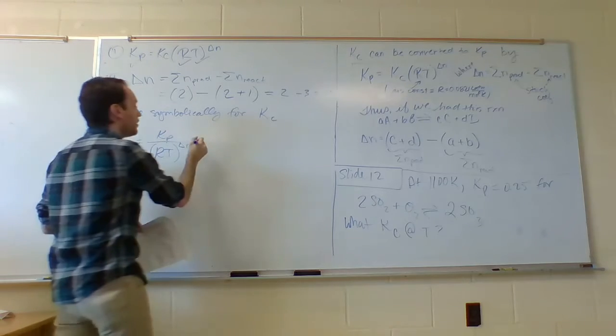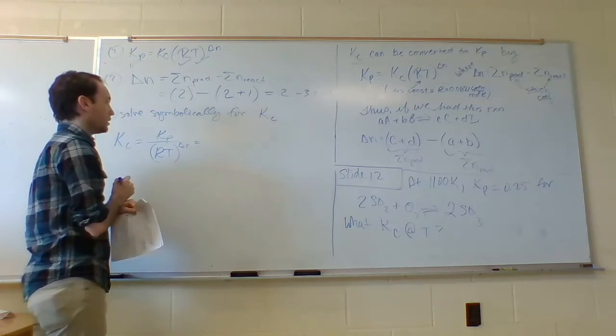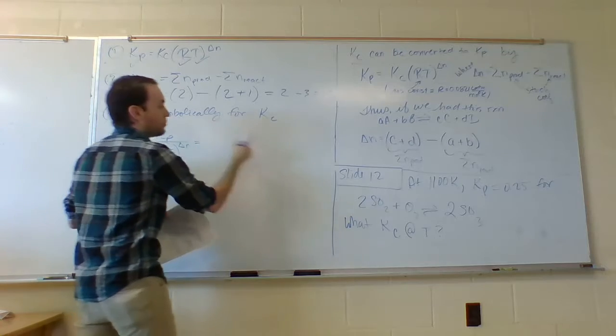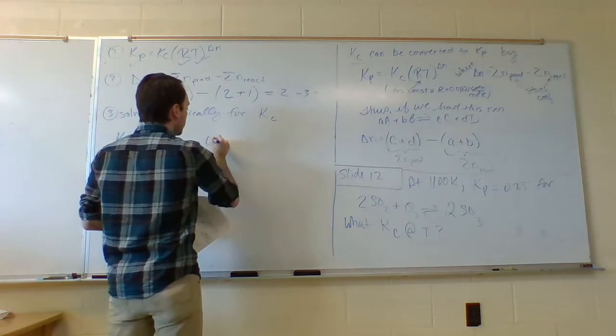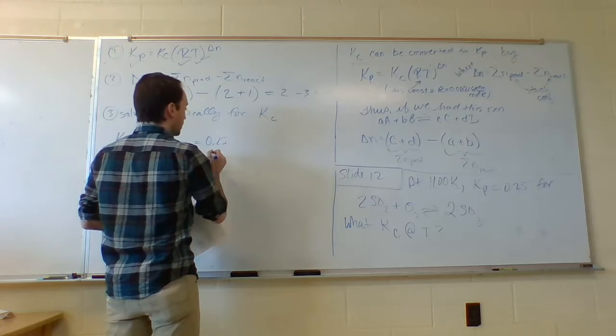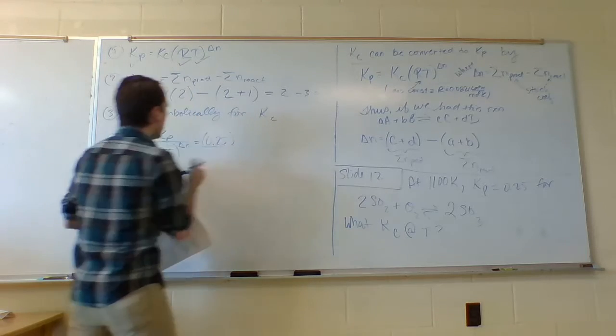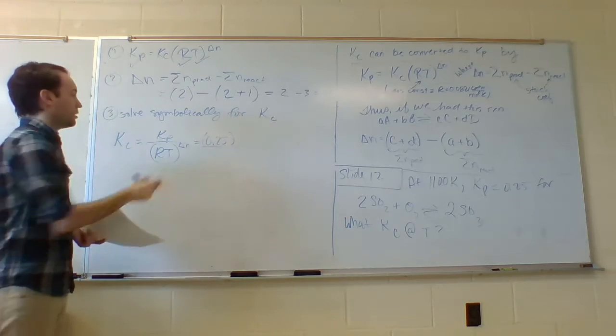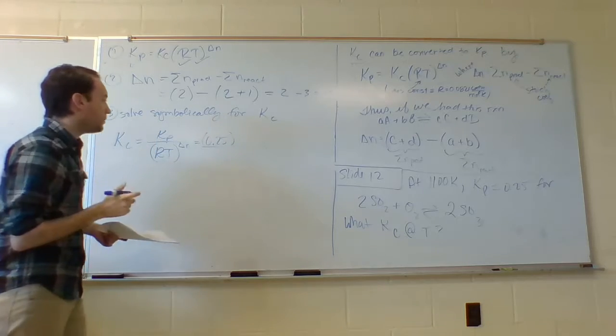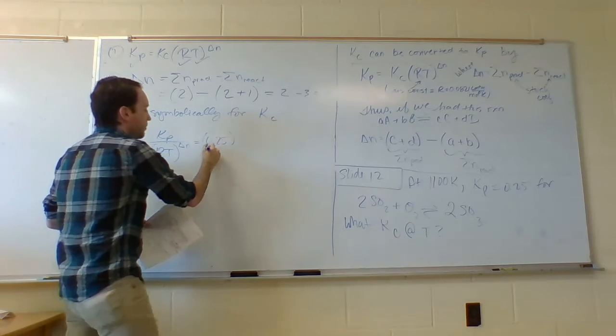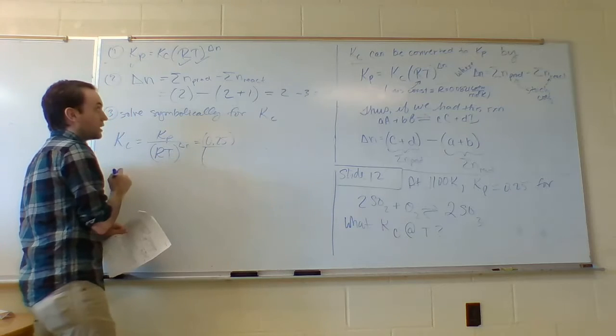Then we're going to plug in all of our values. So we have our Kp, which was in the problem statement at 0.25. Remember that all of our constants are going to be dimensionless for equilibria. And then we're going to divide that by our gas constant.